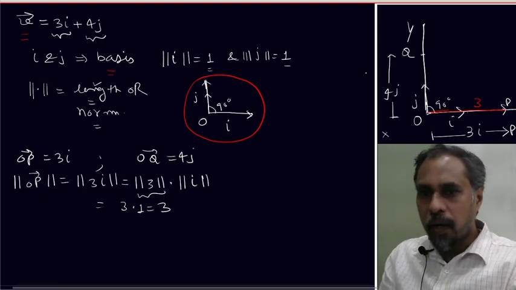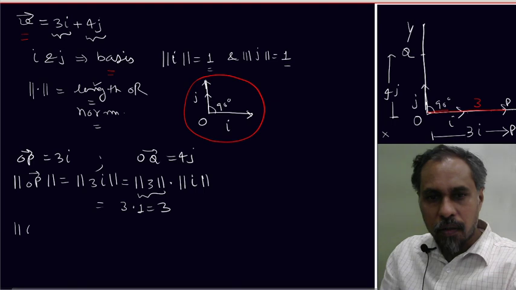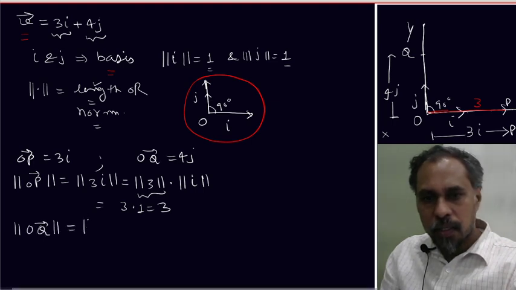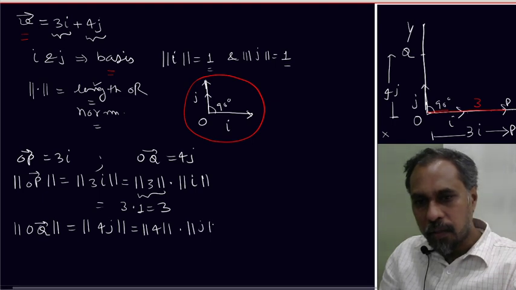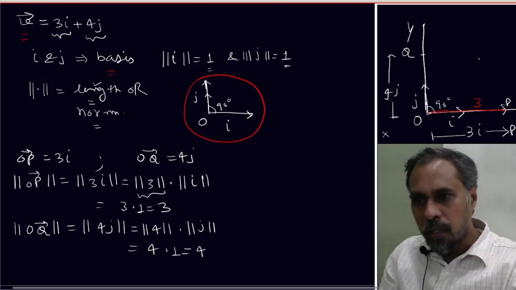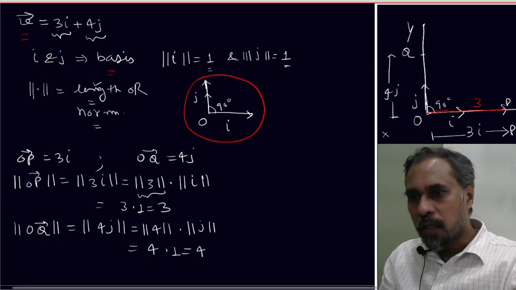Similarly, I can find the length of the vector OQ, that is the norm of the vector 4j, or length. They are the same thing. So it has a distributive property: 4 is a scalar quantity multiplied by the length of the unit vector j, that is 1. So the distance from O to Q is nothing but 4.